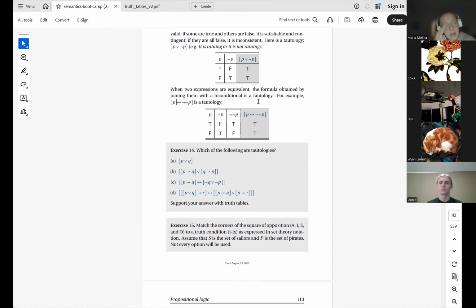So when the two expressions are equivalent, if we join them with a biconditional, we get a tautology.